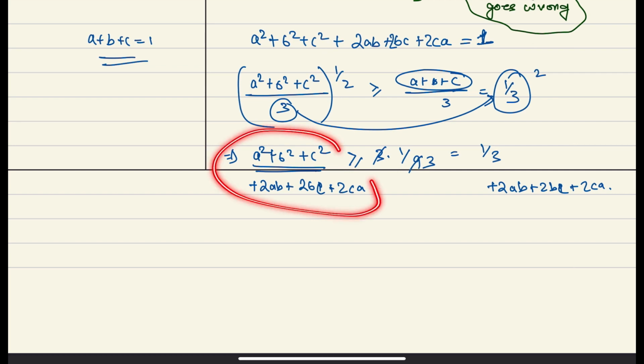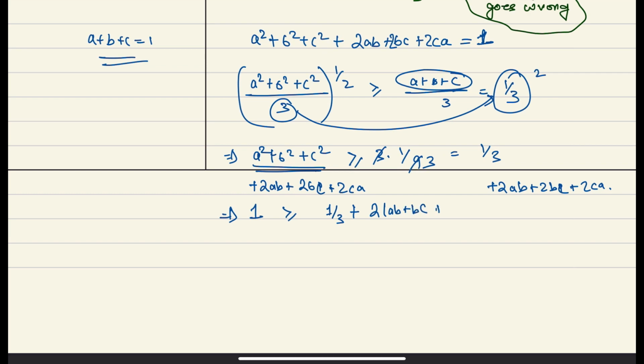Now this left hand side is simply 1, so I'll just write it as 1, and this one is greater than or equal to 1/3 plus 2 times ab plus bc plus ca. So if I bring the 1/3 to the left hand side, I will have 2/3 is greater than or equal to 2 times ab plus bc plus ca.